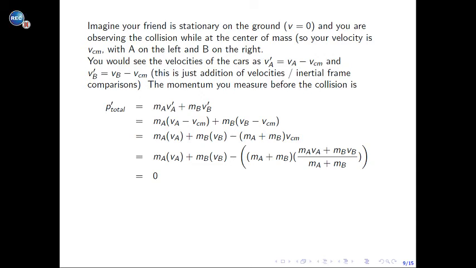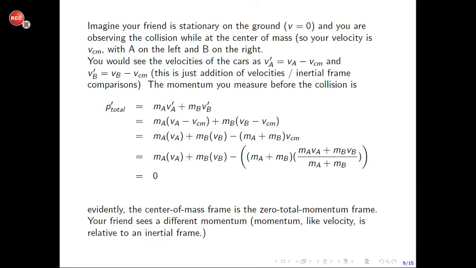That's a very weird statement. If we measure everything relative to the center of mass, there is no momentum. Now, each individual object has momentum. We can identify it. It's mass A times VA and mass B times VB. But the totals, they disappear. So we can use that information.